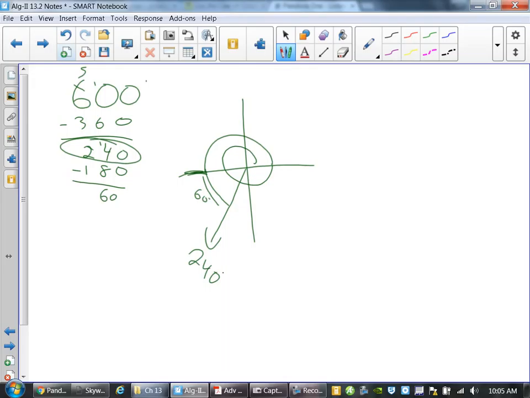So the whole idea of placing them into the correct quadrant will allow you to find these ordered pairs. Working with coterminal angles is getting you to be able to find what's called a reference angle. Reference angles are going to be your specials.